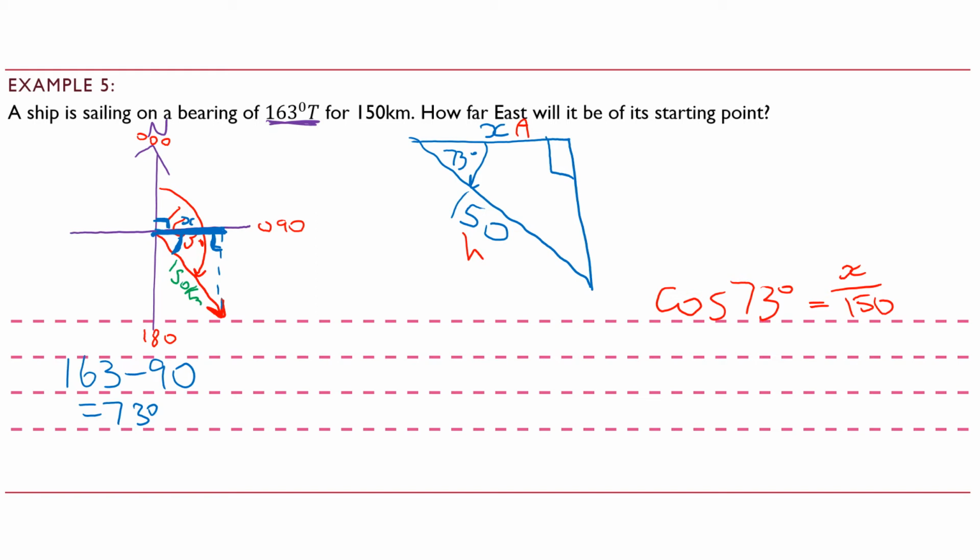From here, we multiply by 150, so we get x equals 150 cos 73. We put that in the calculator to calculate x, and we get 43.86 kilometers.